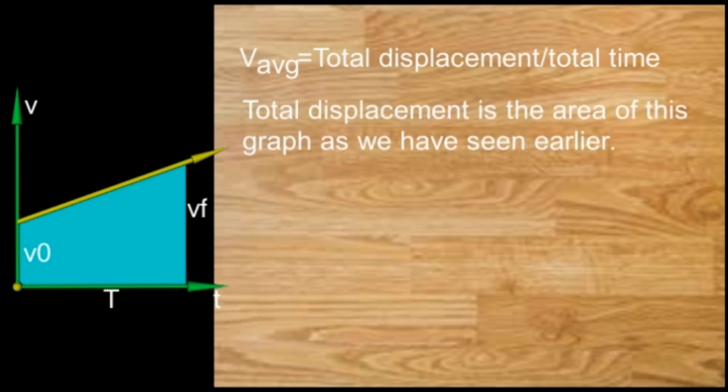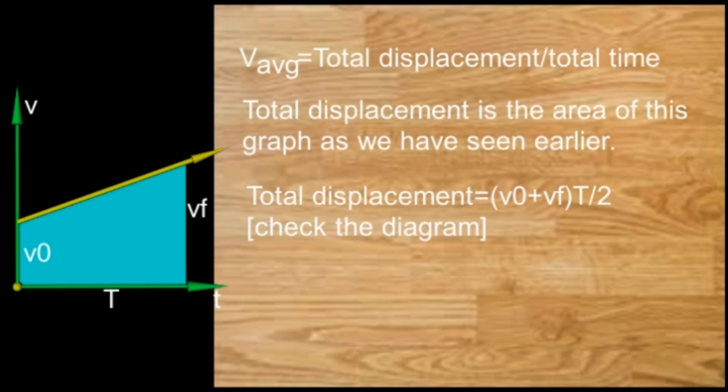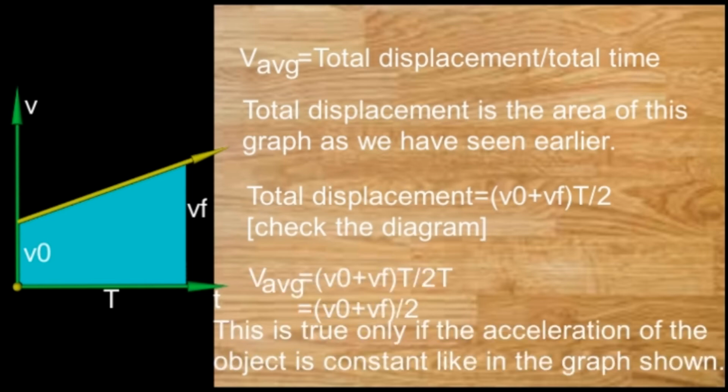So, the total displacement is the area of this graph, which is equal to the following. Now, the average velocity will be the following. This is only true if the acceleration is constant.